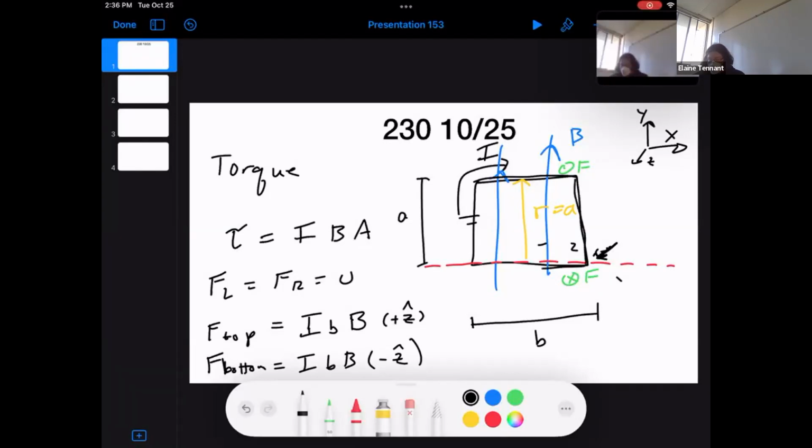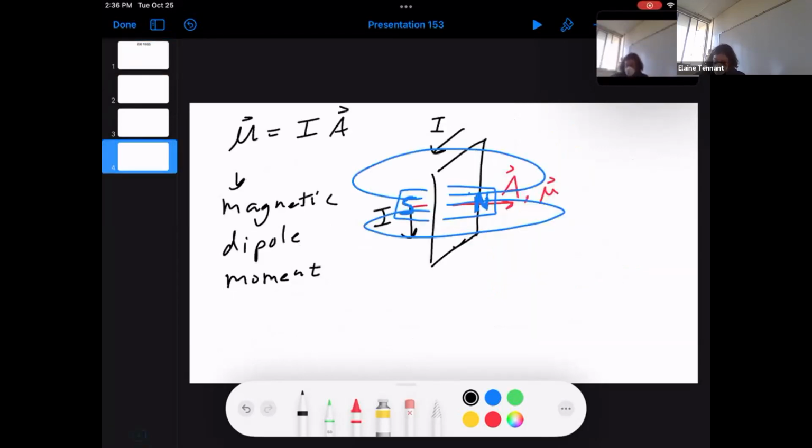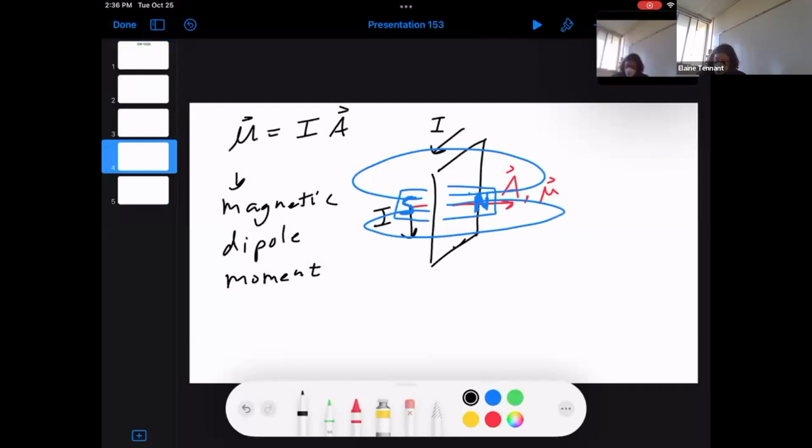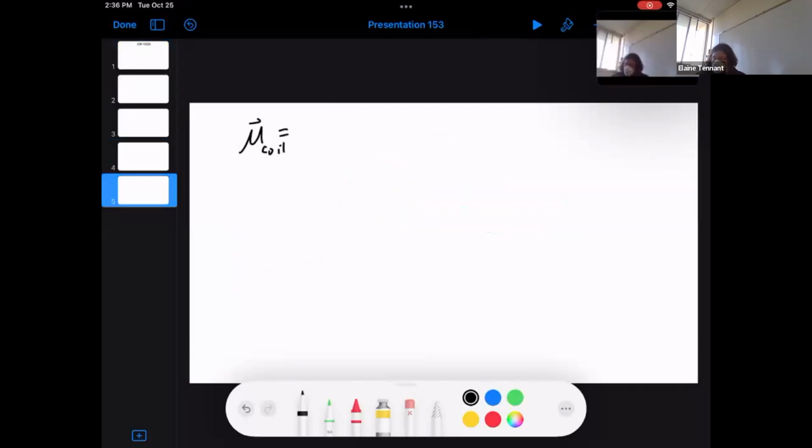And so two loops of wire just gives you twice as much force. Three loops gives you three times. And so you can say the magnetic moment of a coil is not just current times area, but it is the number of loops times the current times the area.